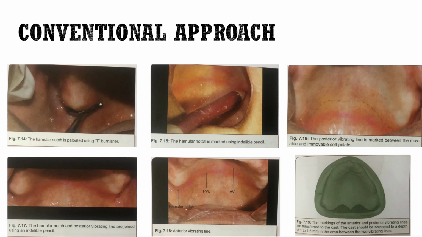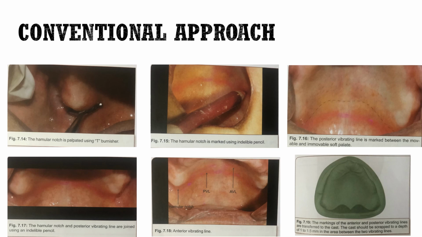The last part is the errors you may see when recording the posterior palatal seal if it is not done properly. There can be under extension or over extension, and because of either, your denture is not stable and not retentive. Under extension is the most common cause of poor posterior palatal seal.